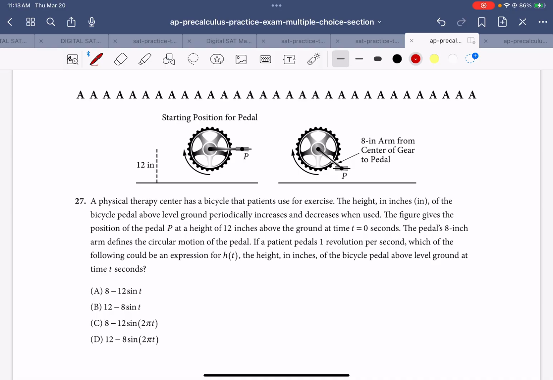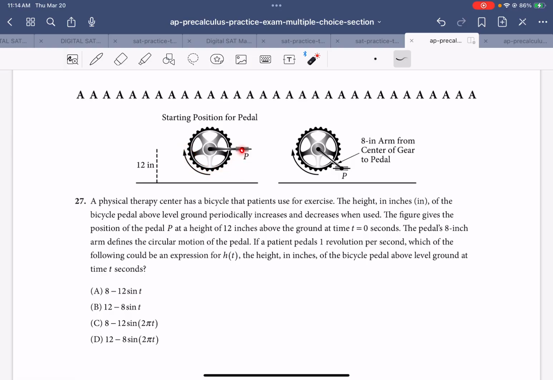Okay. All right, so number 27. A physical therapy center has a bicycle that patients use to exercise. The height in inches of the bicycle pedal above level ground periodically changes when used. So you have to kind of imagine, this is a pedal location, and it's 12 inches from the ground, and then it goes this way, right?